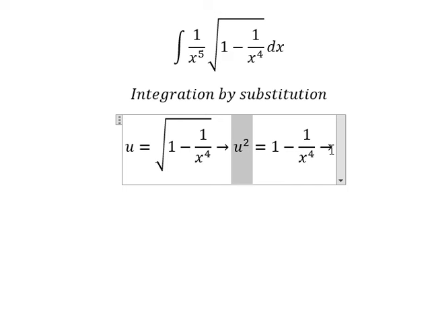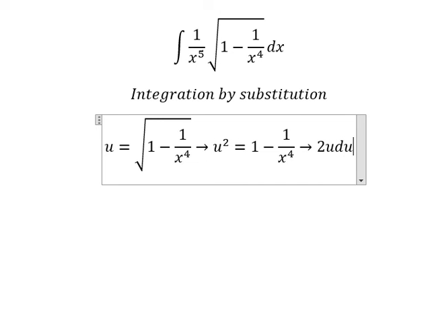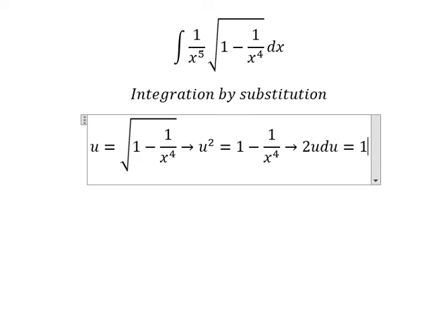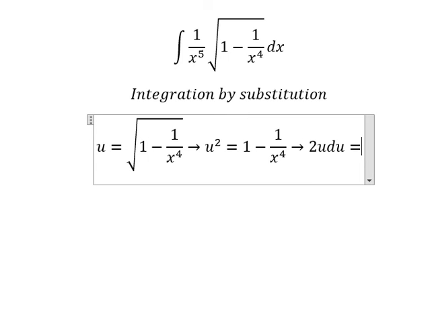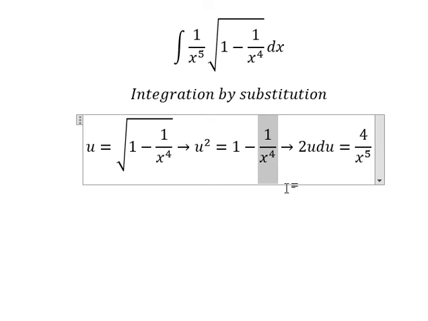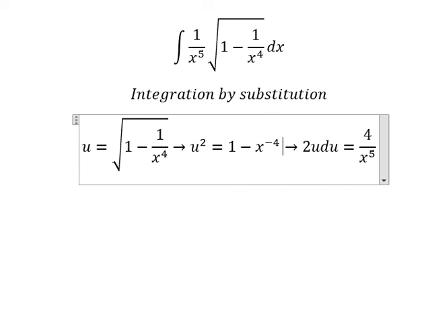This one we have u. This one is the constant, so you get 0. This one we have positive 4 over x to the power of 5, because this one is x to the power of negative 4.